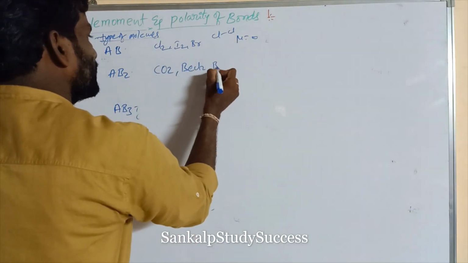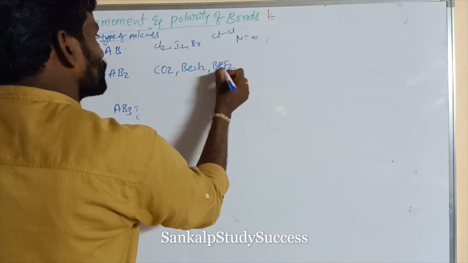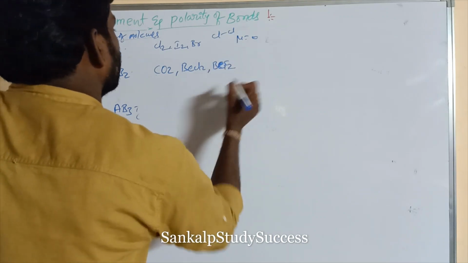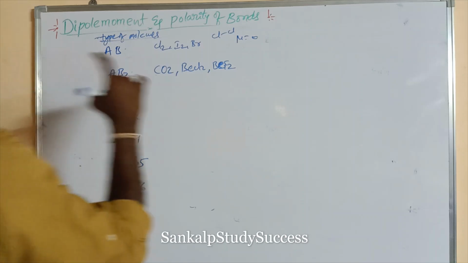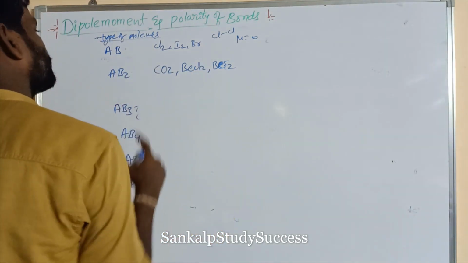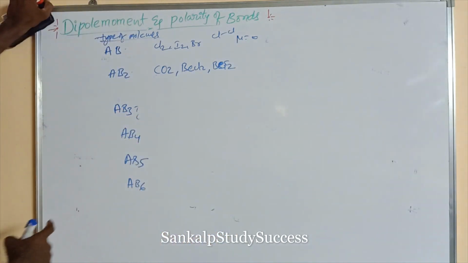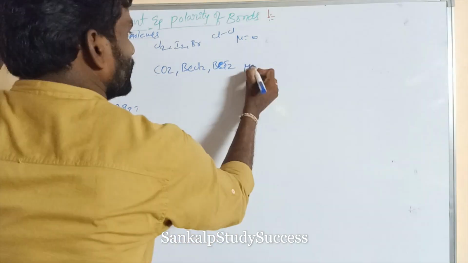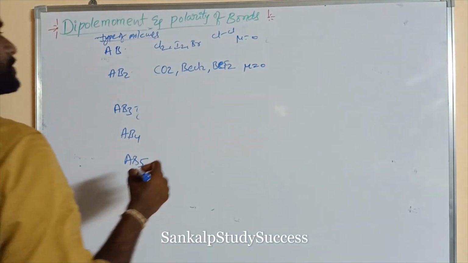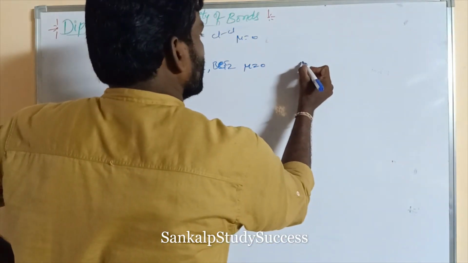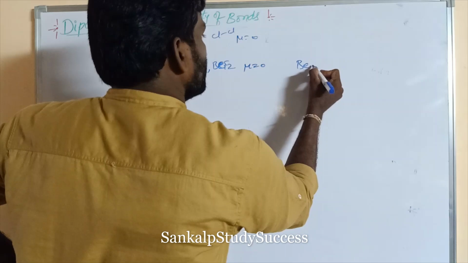BeCl2, BeF2. All these molecules, CO2, BeCl2, have a zero dipole moment. Suppose we take beryllium chloride, BeCl2.